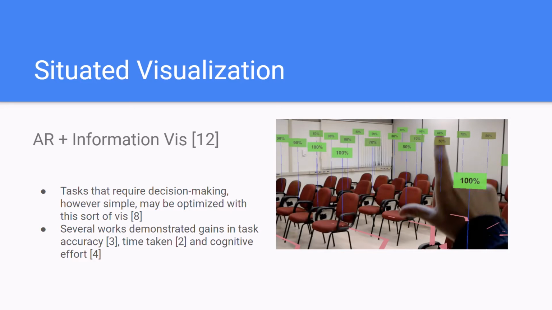Here in this image, for instance, you can see a user interacting with an example of that inside a classroom showing data relevant to it. This sort of visualization has proven to help users in different tasks involving decision-making, including gains in accuracy, time taken, and cognitive effort in different tests.